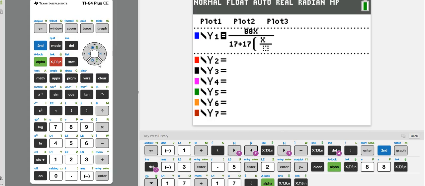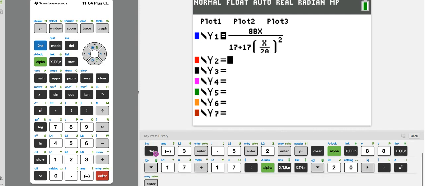X over 20. Right arrow to get out of the denominator, parenthesis, and then the square key. So there's the first one. The second function you're going to put in is y equals 40.